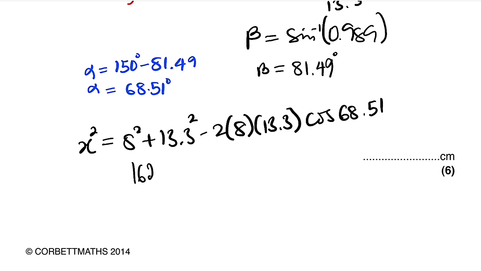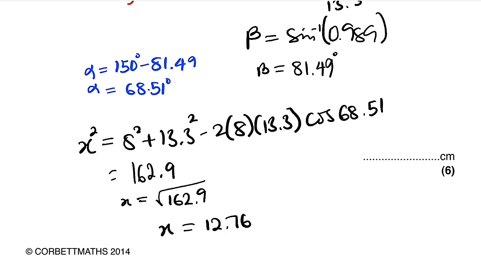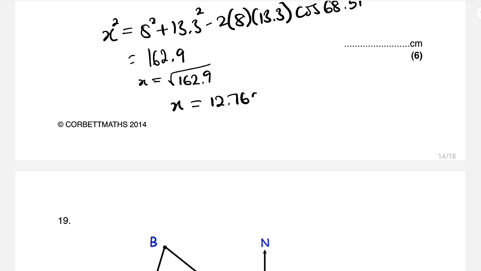This is 162.9, and x will be equal to the square root of 162.9, and x is finally equal to 12.76 cm.